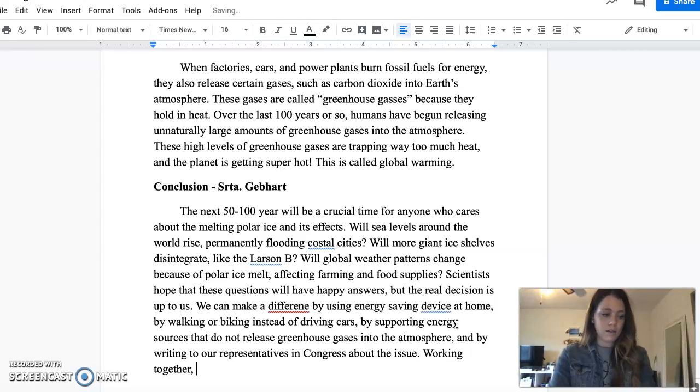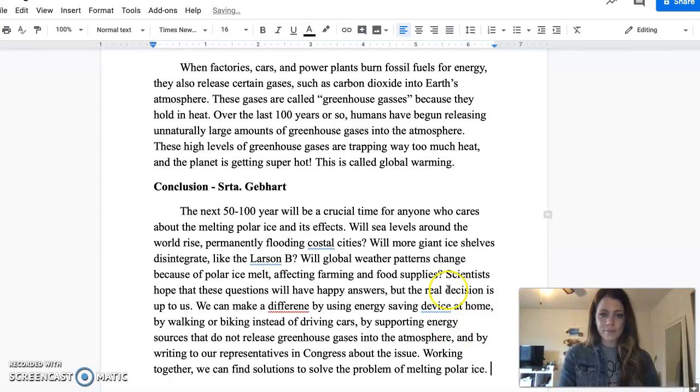Working together, we can find solutions to solve the problem of melting polar ice.